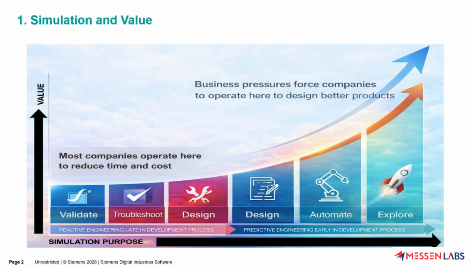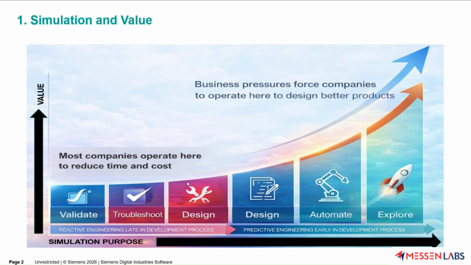If we look at the graph, which tells us the relationship between the simulation purpose and the value, most of the companies work in validating, in troubleshooting, and in redesigning the model again and again, but it doesn't add much value to you.